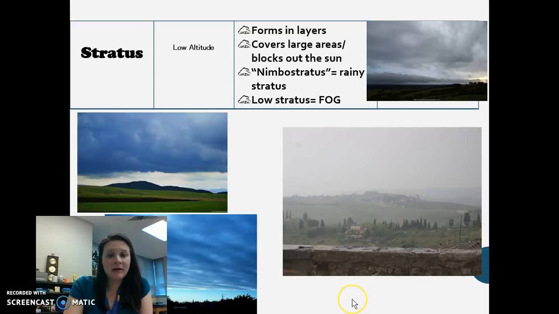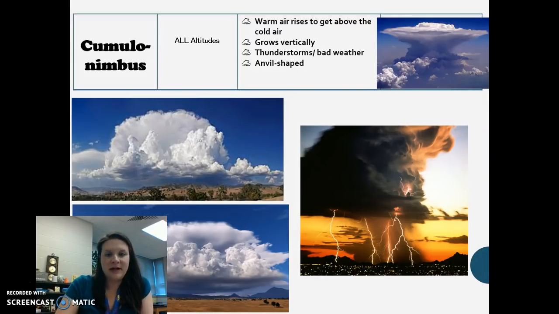And then the last cloud, I saved the best for last, is the cumulonimbus cloud. Okay, so cumulonimbus cloud, its kind of unique trait is that it goes through all altitudes, low, mid, and high. We have not talked about thunderstorms yet. We are going to tomorrow.